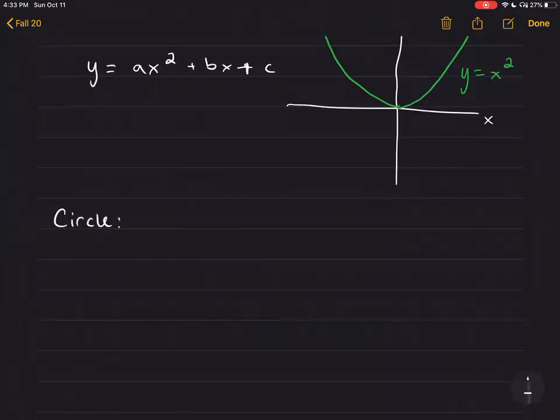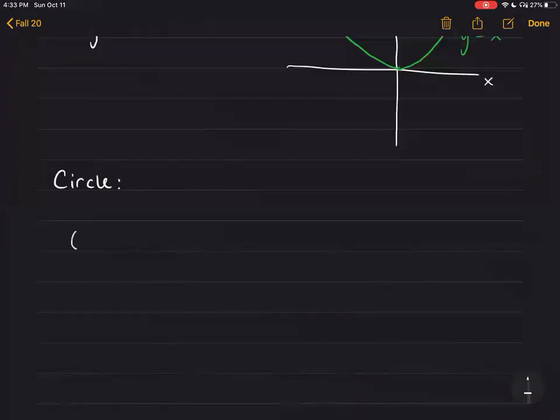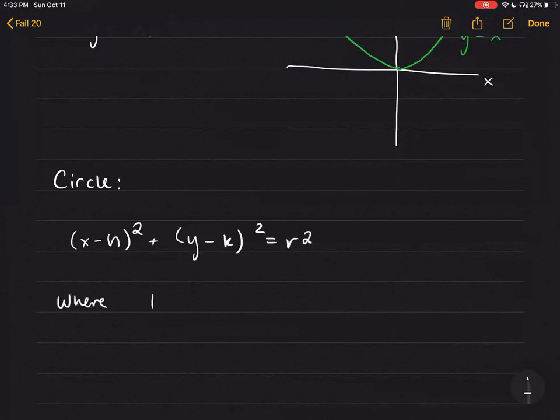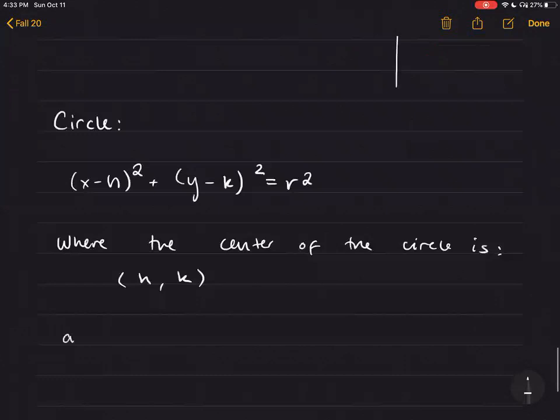Circle. A circle is described a little bit differently from the others because it's described implicitly, is what we say. So this is where the center of the circle is the point (h, k), and the radius is r.